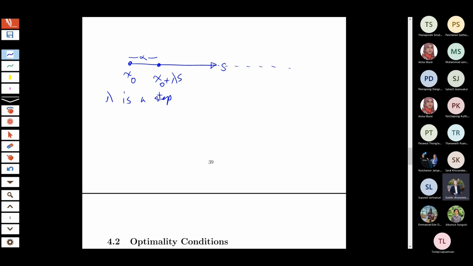Did I say something wrong? Actually, you wrote it like x naught plus lambda s. That's why I said it shouldn't be x naught plus alpha s. No, it is x naught plus lambda s. Oh, sorry, this alpha. Sorry, this alpha. Sorry, yeah, yeah, I see. Sorry, just wrong. Yeah, yeah, yeah. It's Thank okay. you.